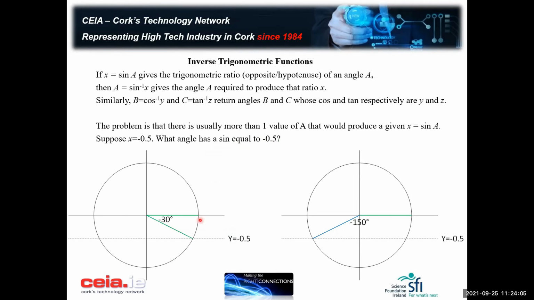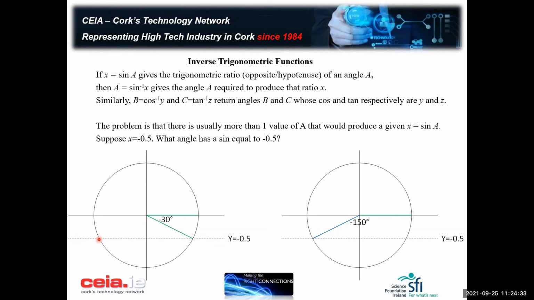If you remember from what we said before, when we draw an angle on the unit circle, the y value corresponds to the sine of the angle. So a sine of minus 0.5 corresponds to a y value of minus 0.5, which is everything along this line.